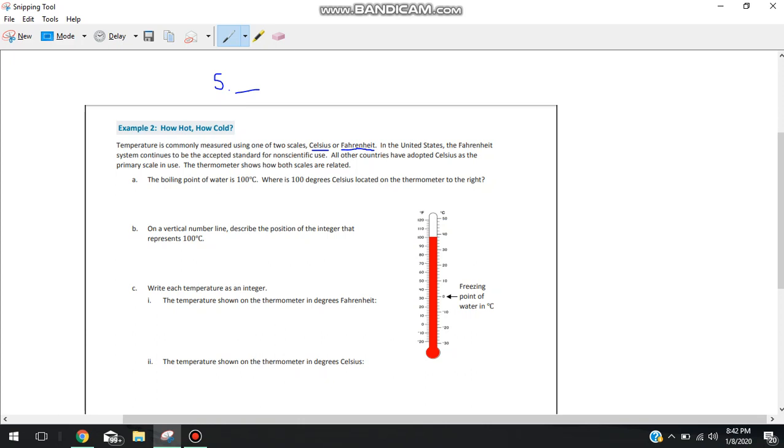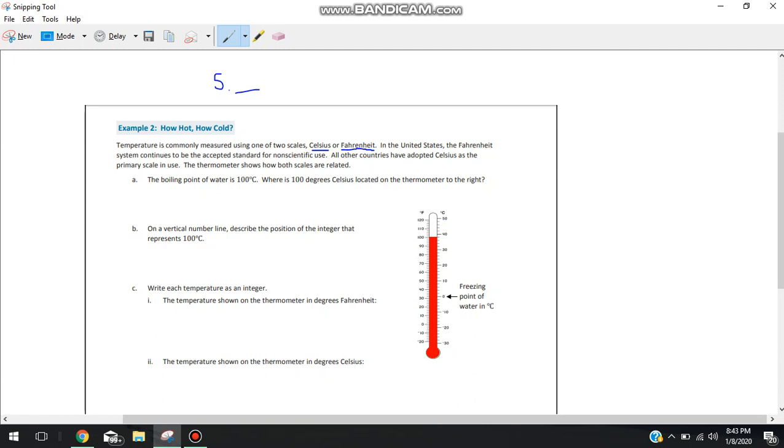So for anything that's not related to science or a lab or testing or experiments, we tend to use Fahrenheit here in the US to measure temperature. If you ever bake something in the oven, we use Fahrenheit. All other countries have adopted Celsius as the primary scale in use.